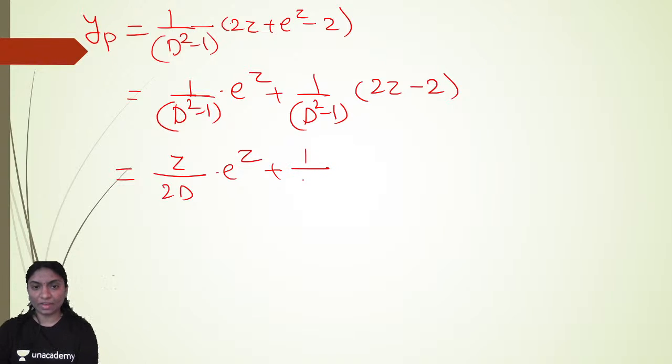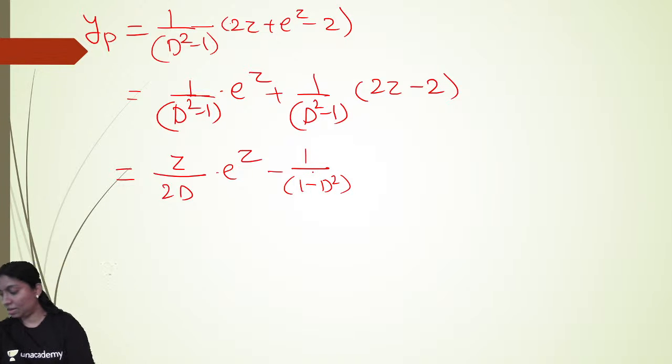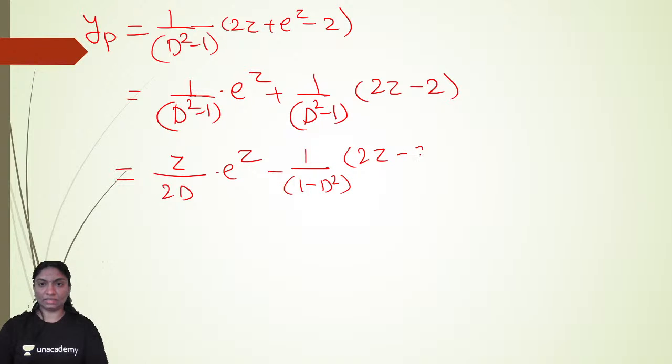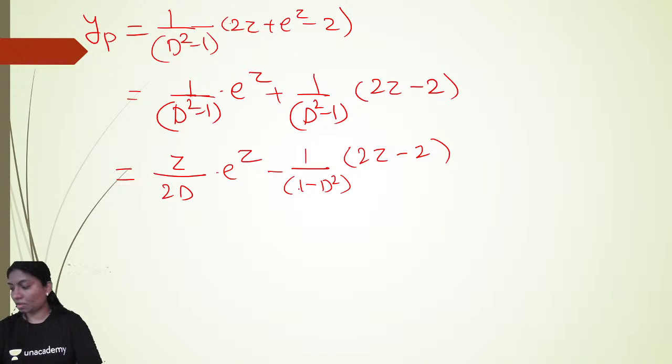Instead of that, I write minus of 1 upon 1 minus d square, so that 1 upon d square minus 1 becomes 1 upon minus of 1 minus d square.